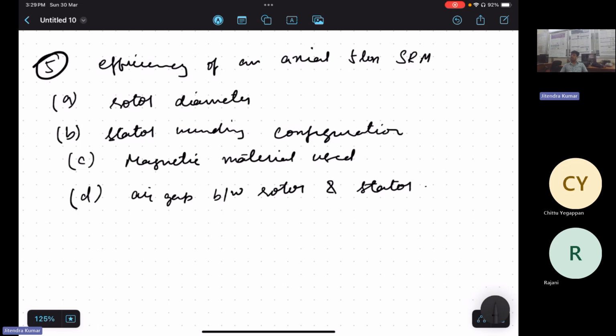If rotor diameter increases, of course, rotor losses should come down. That's another thing. But here, which factor will primarily influence the efficiency? Indirectly, all four options should improve the efficiency depending on the placement. But which primary factor is very important?